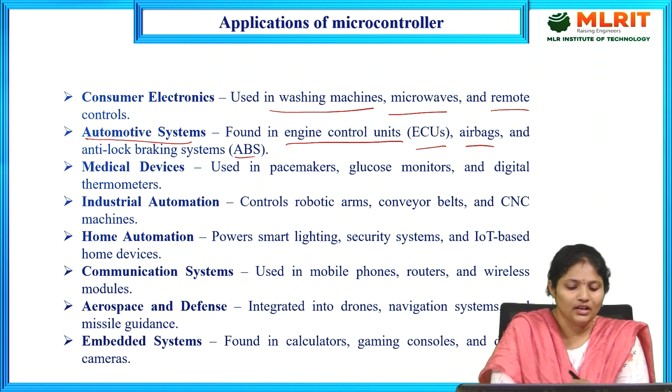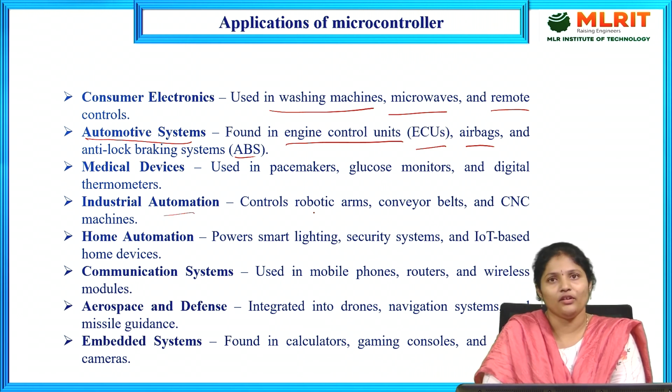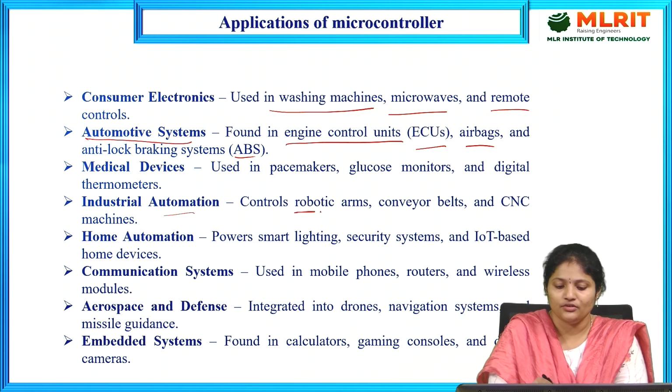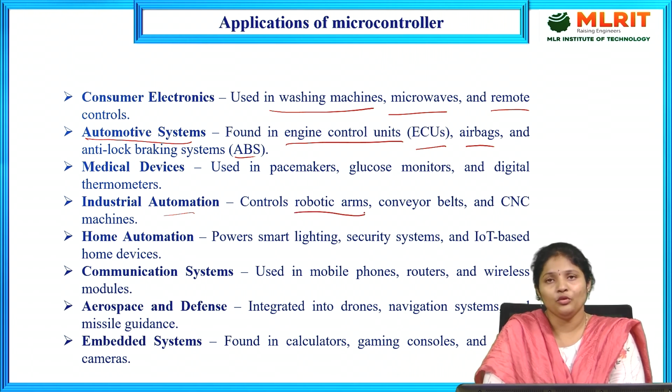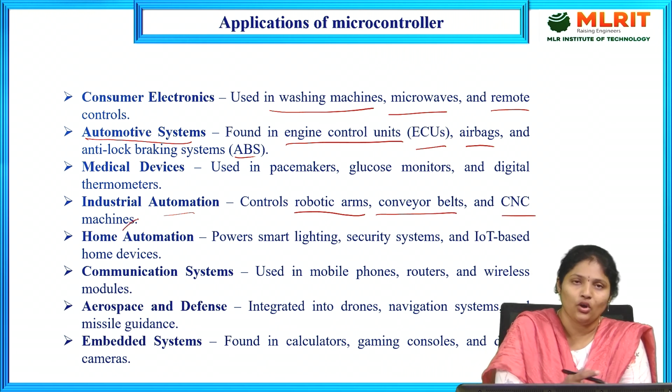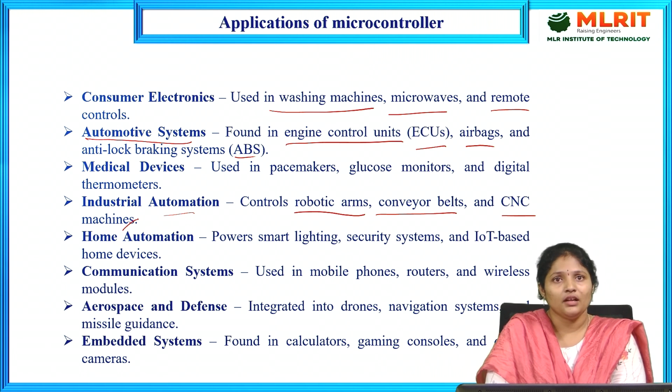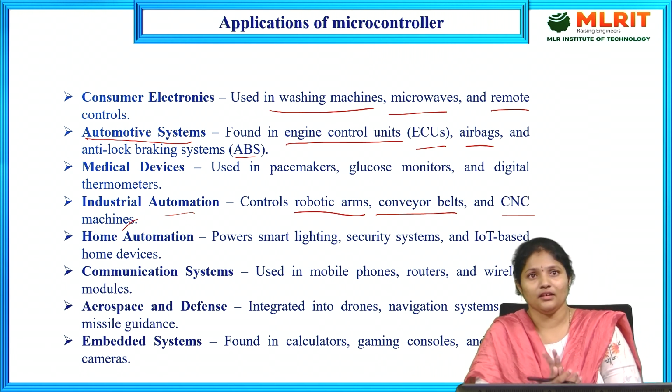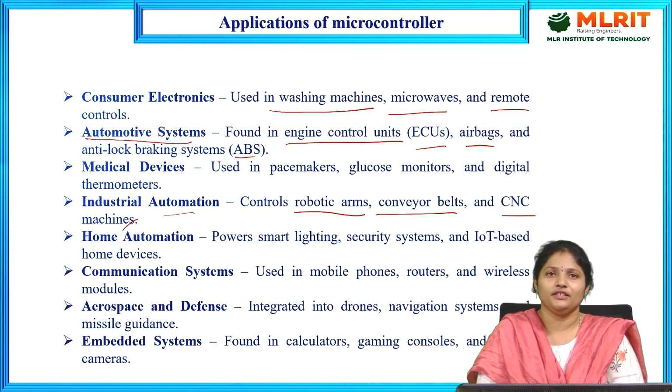In industrial automation, as I already told you, controllers are used for robotics, movement of robot arms, and conveyor belts which we use in airports or other systems. CNC machines always use these microcontrollers. Coming to home automation, nowadays we use home automation with IoT, the Internet of Things.